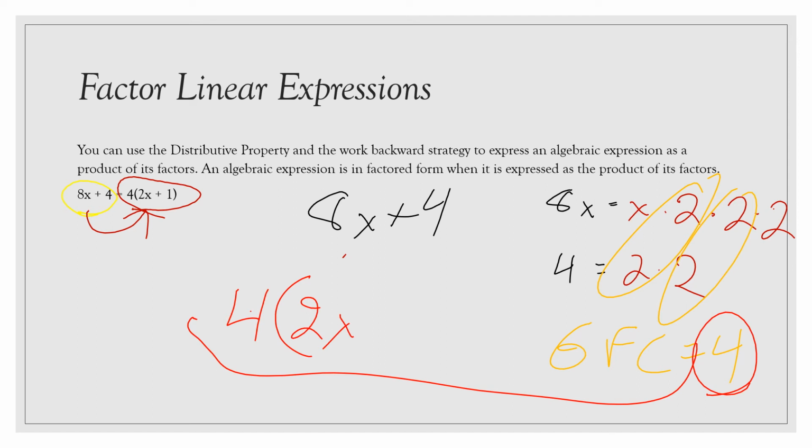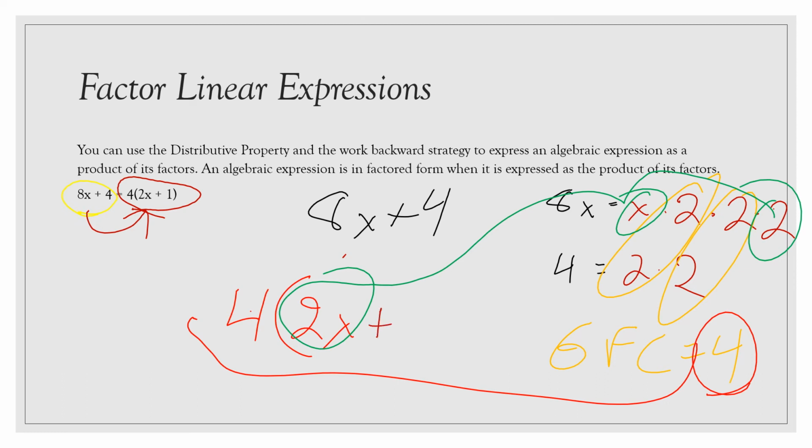Notice, what did we have left up here? We had an x and a 2 left up here in our 8x. That is the same thing. So what we had left over is going to go inside that parenthesis there. We check our equation. It was a plus, so we're going to go ahead and write that plus inside the parenthesis. So we have 4 open parenthesis 2x plus.